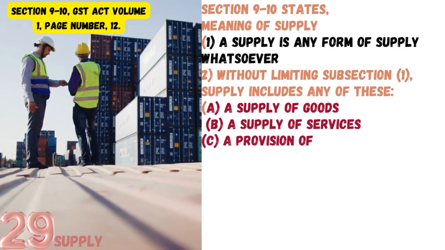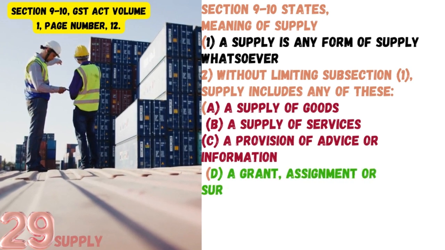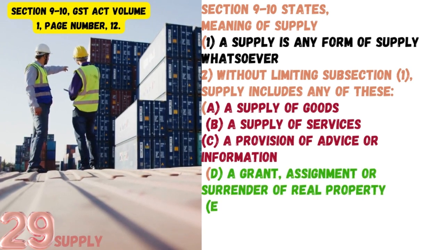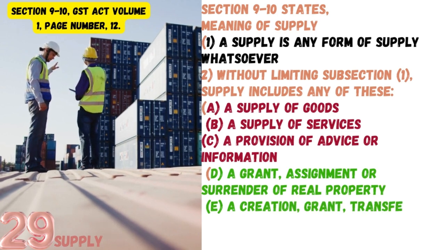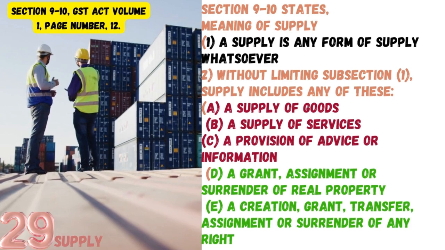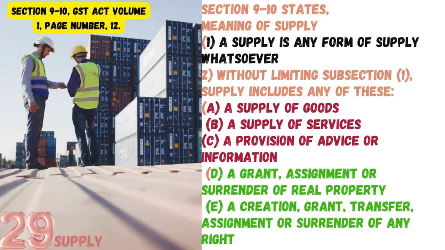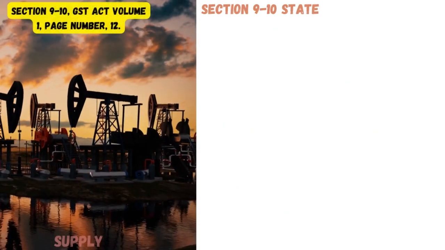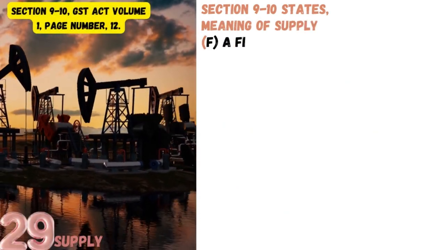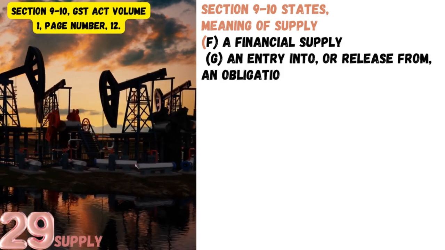b. A supply of services. c. A provision of advice or information. d. A grant, assignment or surrender of real property. e. A creation, grant, transfer, assignment or surrender of any right. f. A financial supply. g. An entry into, or release from, an obligation: 1.